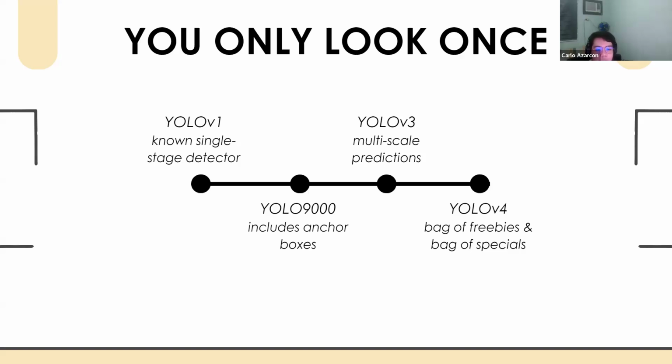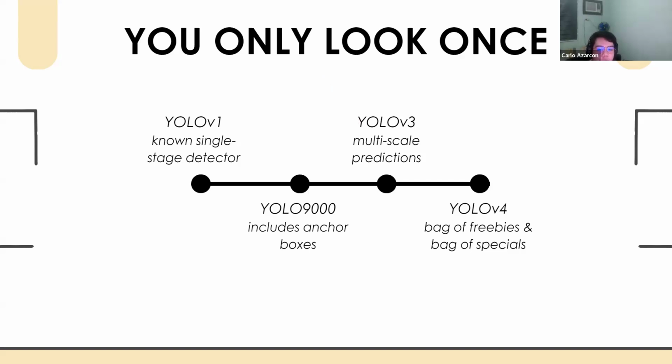Next is YOLOv2 or YOLO9000, which basically introduces the anchor boxes, where they are predefined boxes generated by the model as the starting point for its training. Next is YOLOv3, which performs multi-scale predictions, where it captures objects of different sizes.